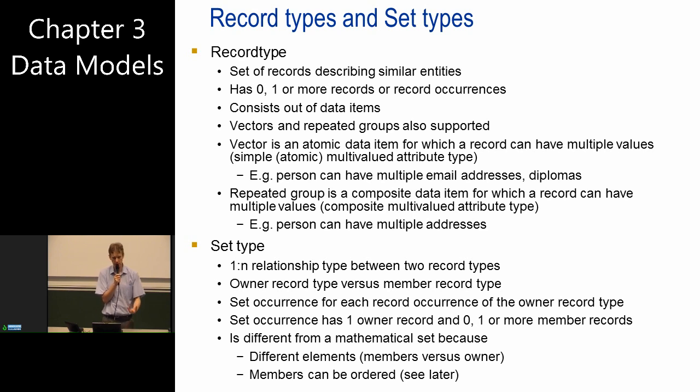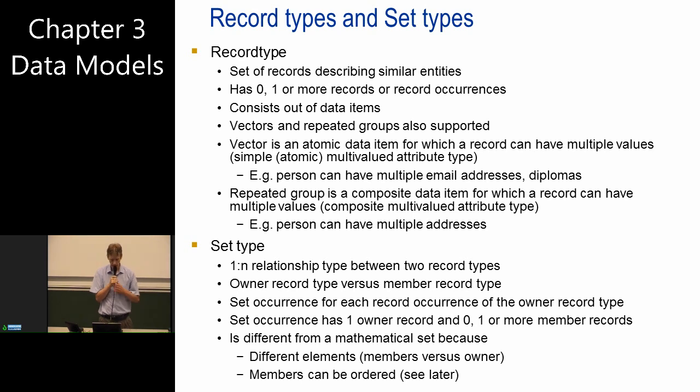They can have an address here in Leuven, and they can have an address in their hometown or country of birth. So we can model that using repeated groups. It's a multi-valued composite attribute type. So repeated groups and vectors already allow us some more flexibility to model the universe of discourse than the hierarchical model.